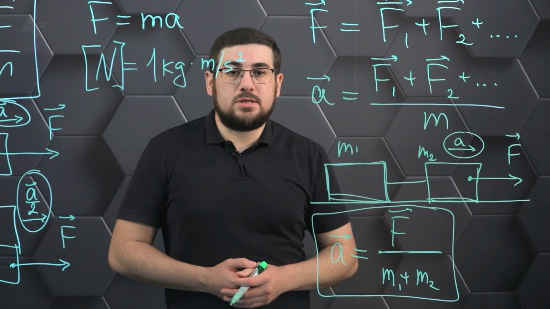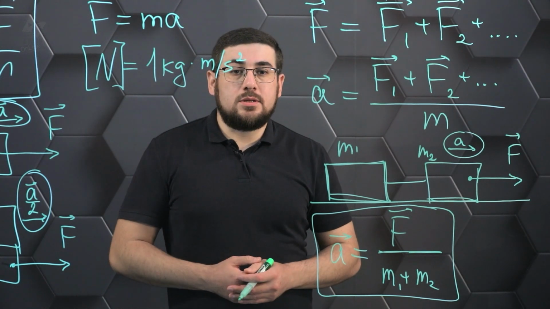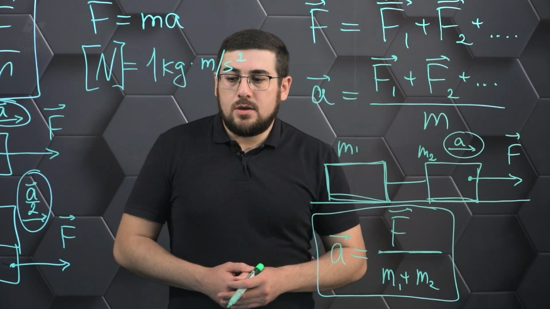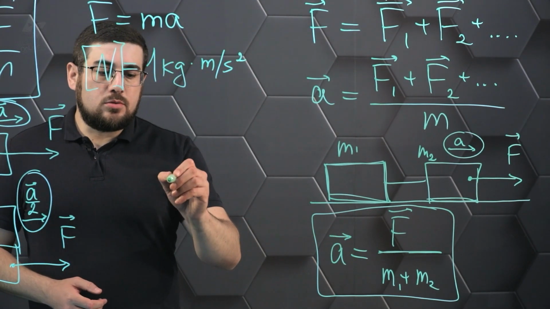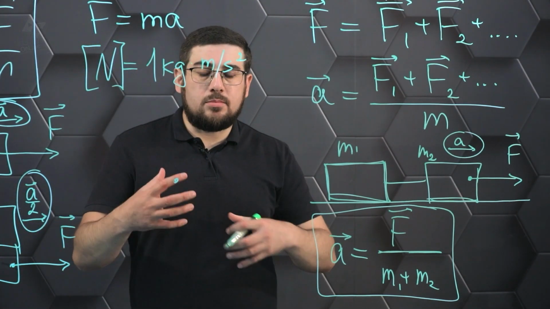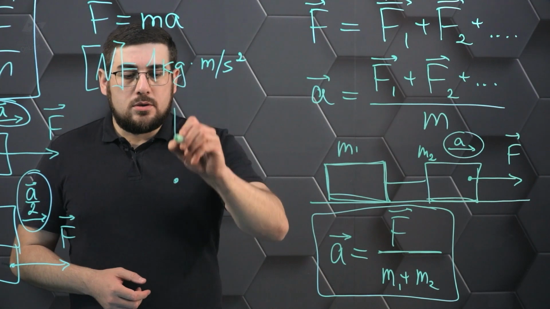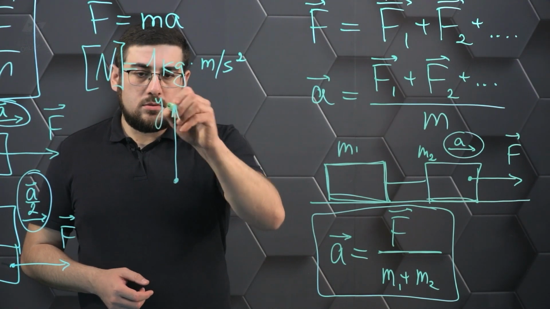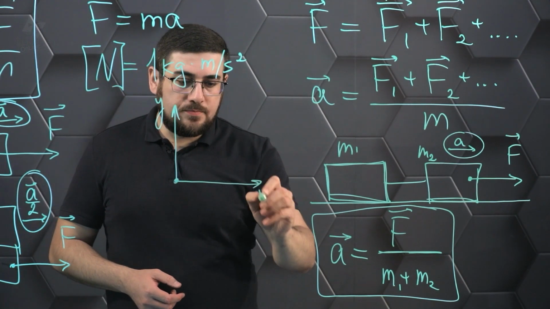Another interesting case arises when there are forces acting on a body at some angle to each other. And that's when it makes sense to say that we can also look at the projections of these forces, their components, on the corresponding axes. Let's look at an example of this vector pattern.